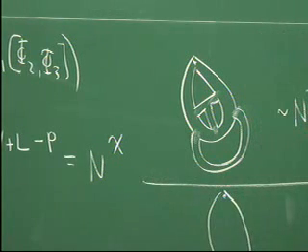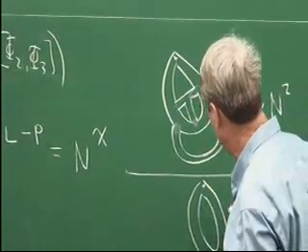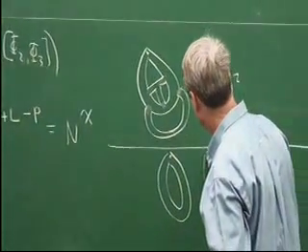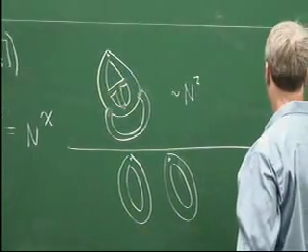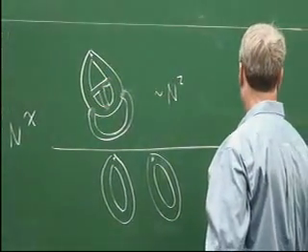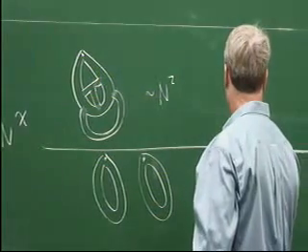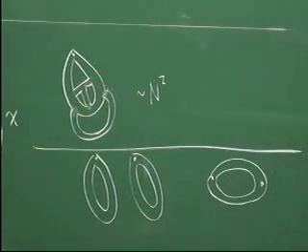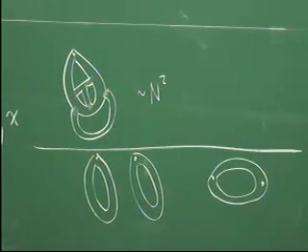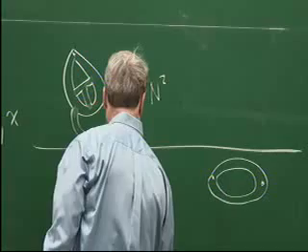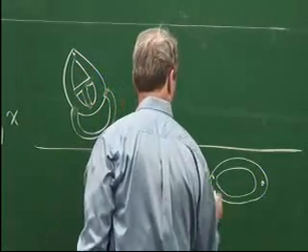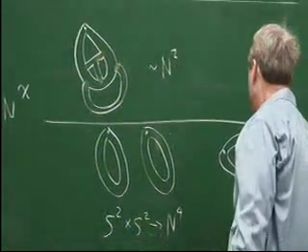You can either have the disconnected graph, of which this would be the simplest, or you could have the connected graph. And when you fill in the index loops, this is two disconnected spheres, which gives you N to the fourth. This is a single sphere, which gives you N squared.